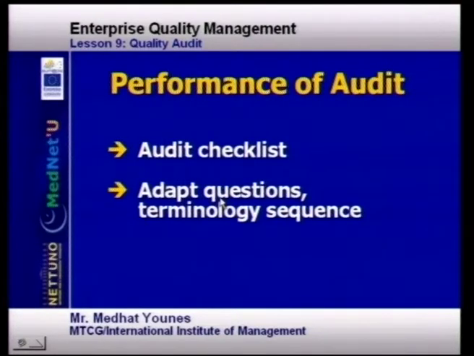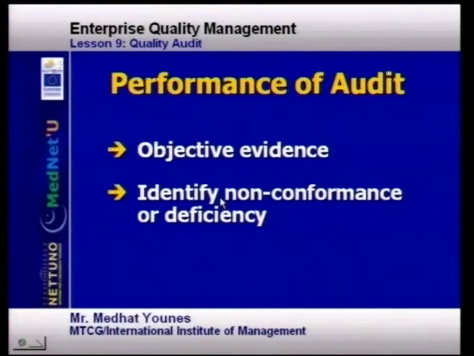And always look for objective evidence. Objective evidence is trace of facts such as reports, signatures, and certificates. Statements are not sufficient. It may be useful to note, for example, we are told that this procedure is being worked on. However, feelings are not sufficient to conclude on the conformance of the requirement.